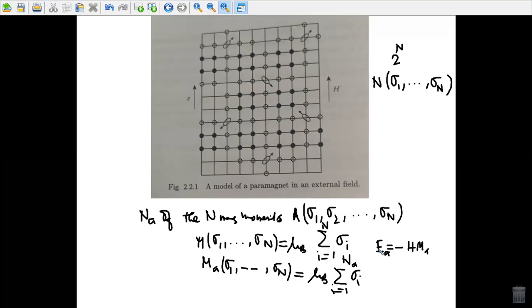So with a little extra effort, it is possible to generalize the present model to the case in which the ions have an angular momentum J greater than half, where J is the sum of the orbital angular momentum and the spin, right?